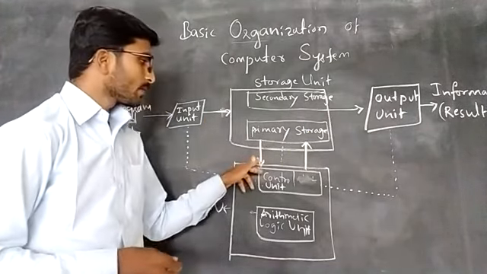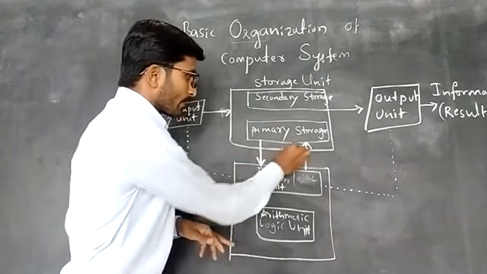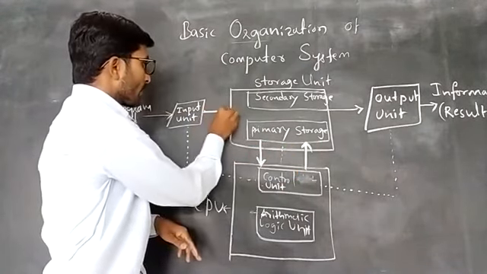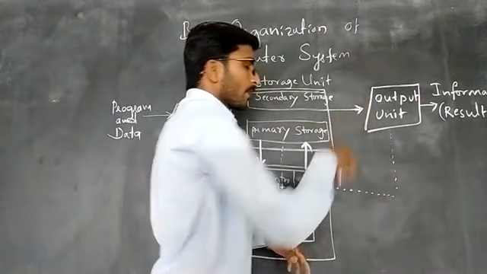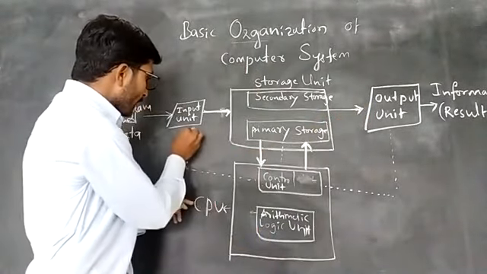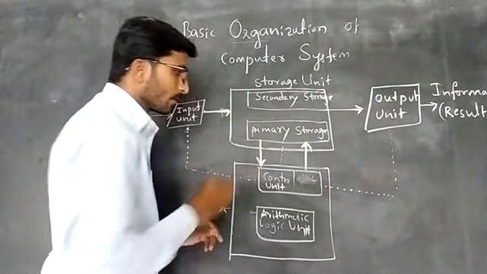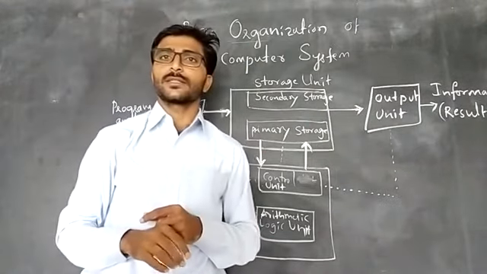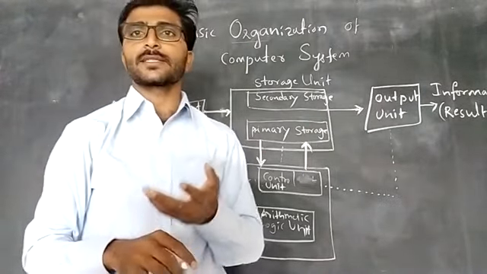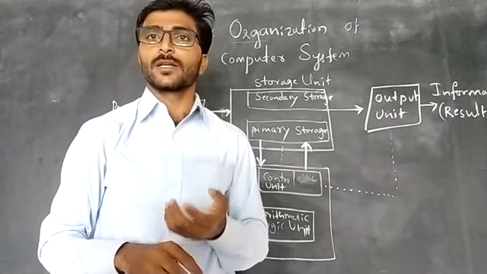These arrows indicate the flow of data. And what about this dotted line? This dotted line indicates control exercised by the control unit.